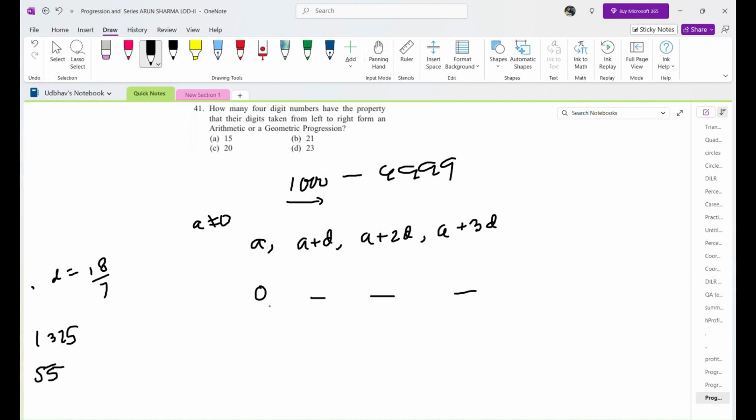But we want a 4-digit number, so this is not a 4-digit number. This became a 3-digit number, so A cannot be 0. So we got one condition, that A is not equal to 0.